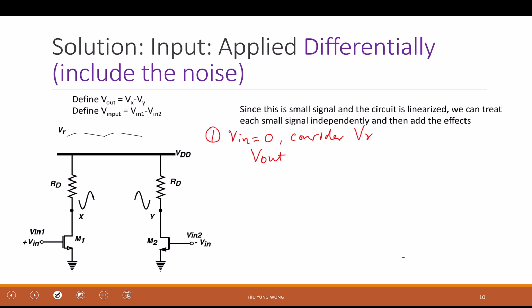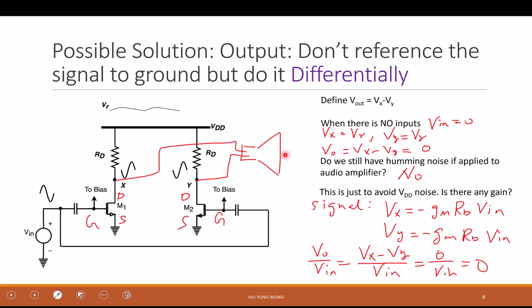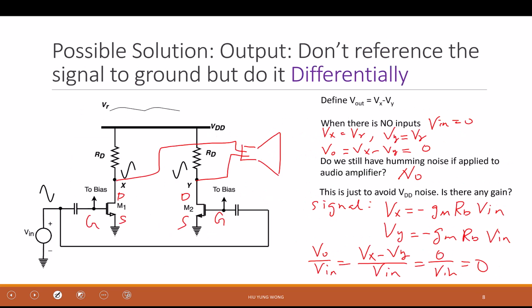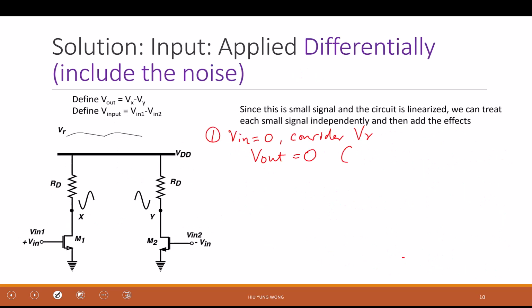We did that already, which is here. When there's no input, although this is not differential, it's the same when there's no input. So when this is 0, we already said that Vout is equal to 0. And this is on slide 8.